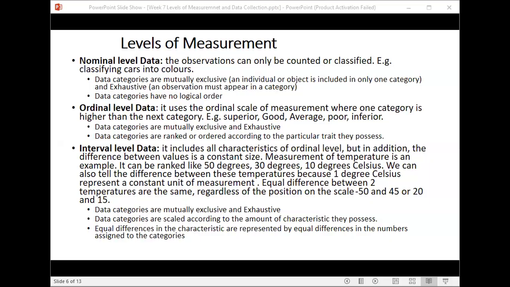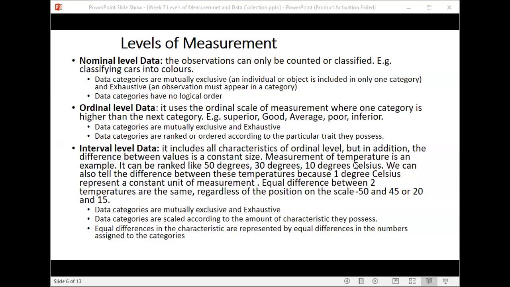So what are the characteristics? Data categories are mutually exclusive and exhaustive, like the first one. Data categories are scaled according to the amount of characteristics they possess, so you can put them in some order, which is the second one. Now, the third characteristic that makes it different is that equal differences in the characteristics are represented by equal differences in the number assigned to the categories.